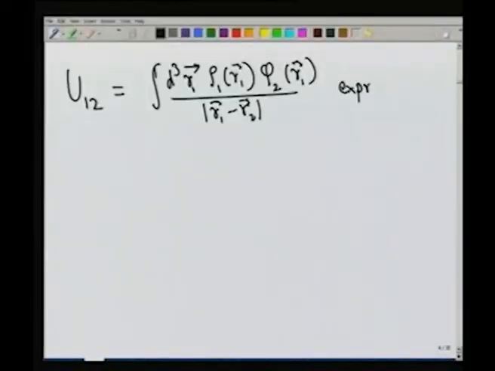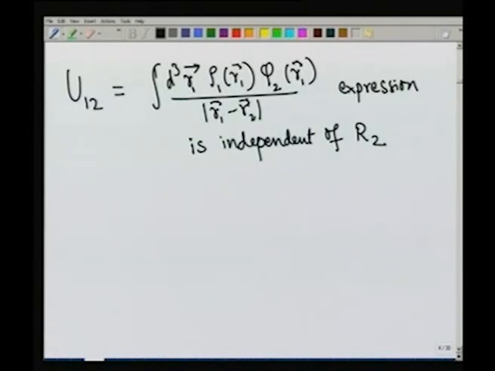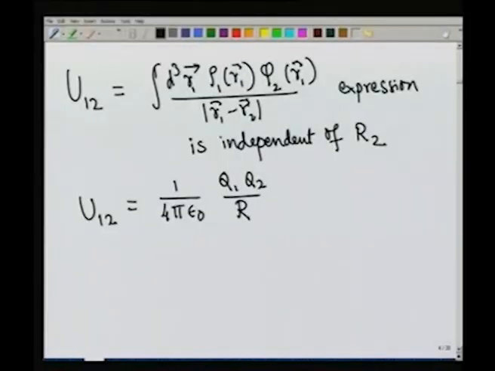Again we will find that this expression is independent of R2. My previous expression told me that it is independent of R1. This expression is telling me it is independent of R2, and therefore I conclude that my U12 must be simply 1 over 4 pi epsilon naught Q1 Q2 divided by R. Of course, this is not the end of the story, and there is some number which I shall denote as k, which is yet undetermined.